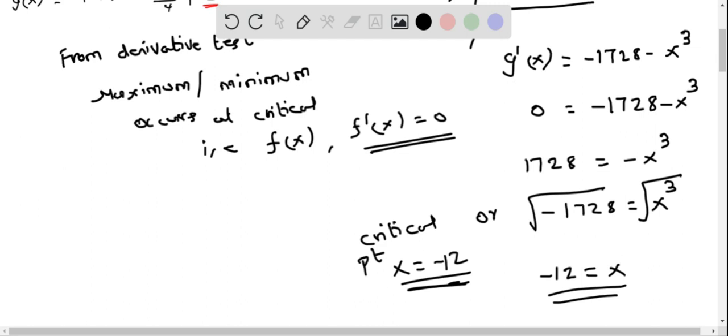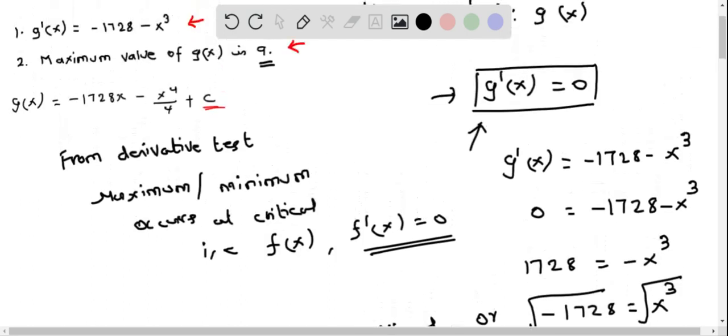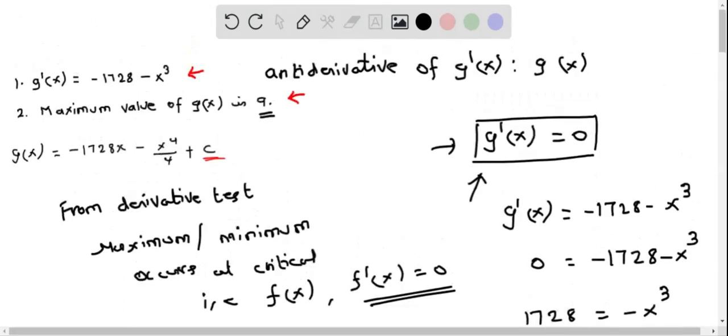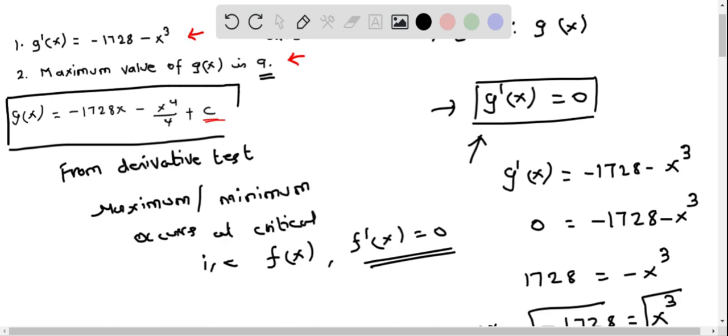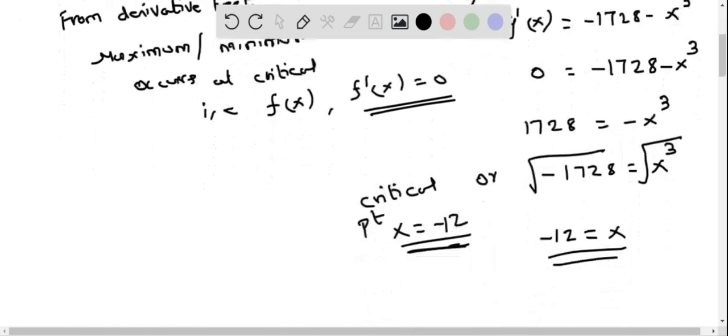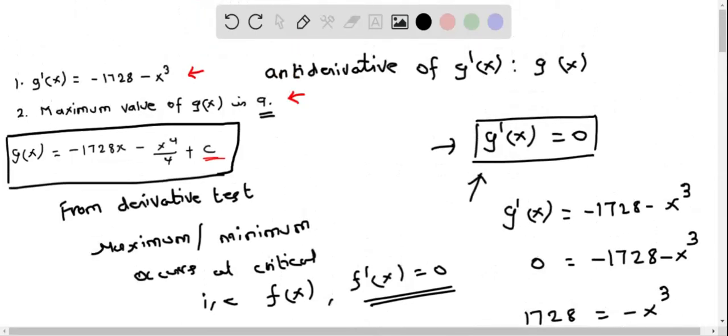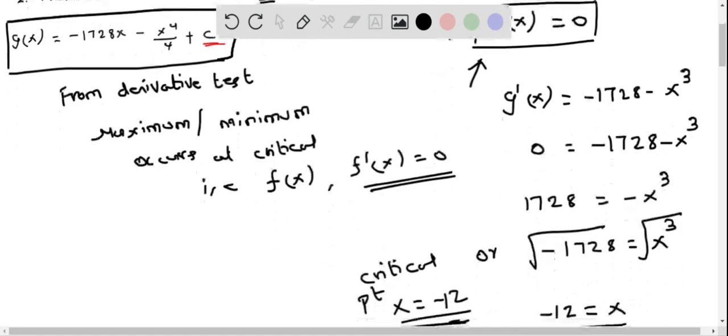Now, using this critical point, we know that the maximum value of g of x is 9. So I'm going to use this g of x, which we have just found after integration, and substitute x equal to -12, and also substitute g of x equal to 9. From that, we can determine the value of c. So let's find it out.